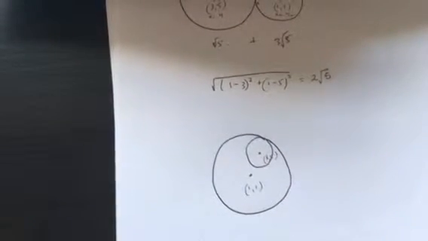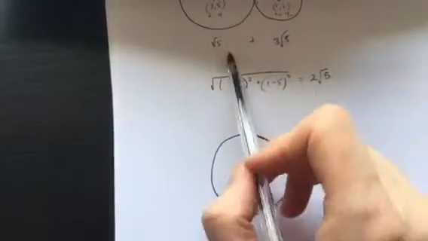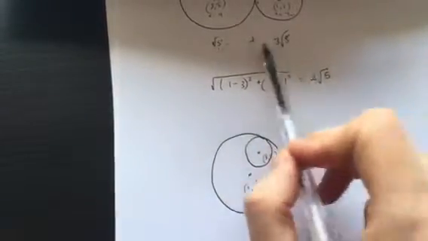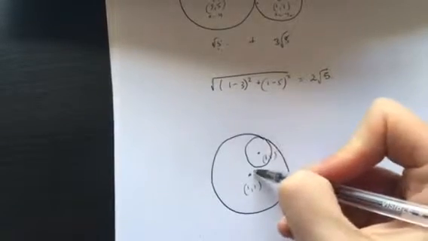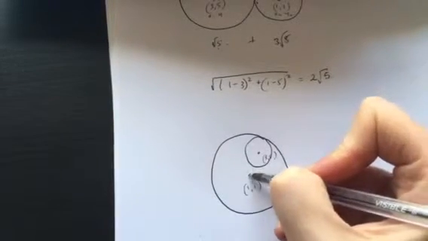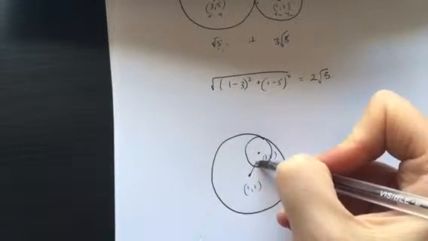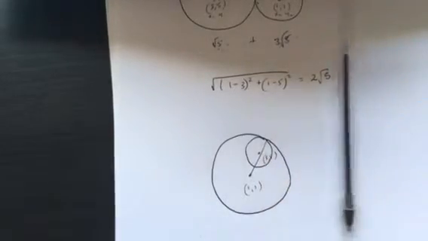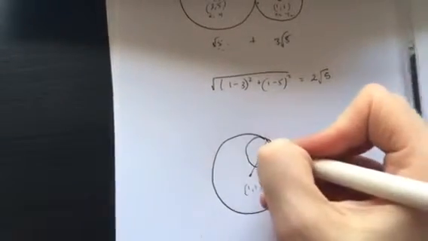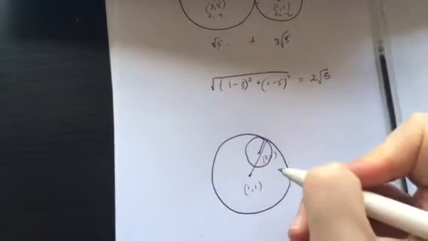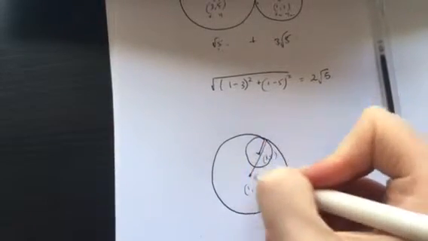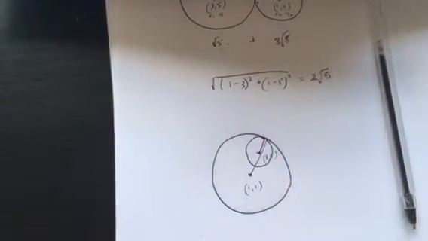And what I notice is, and I can actually kind of see it from up here, if I got the larger radius and subtracted the smaller radius, I would be left with the distance between the two.